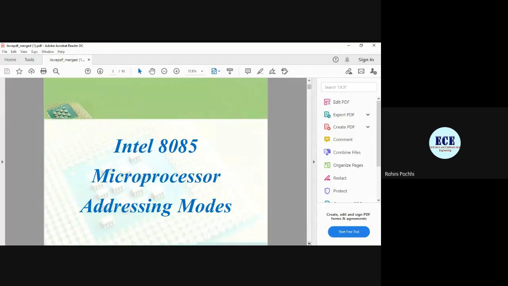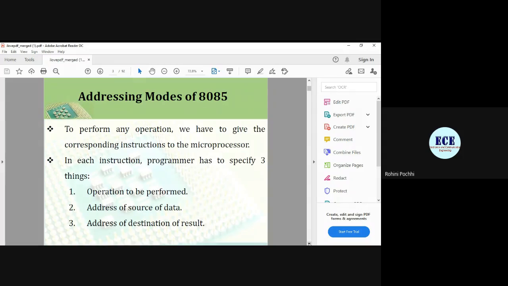There are five major addressing modes incorporated in the 8085 microprocessor. To perform any operation, we have to give the corresponding instruction to the microprocessor.